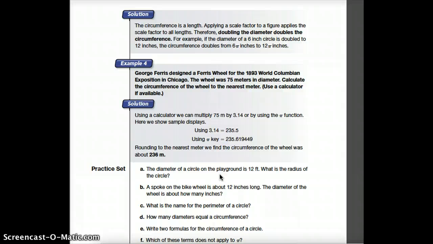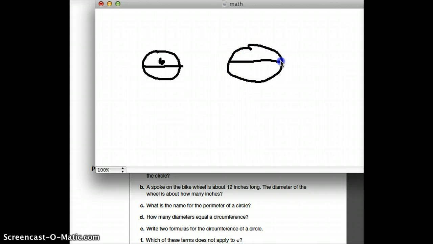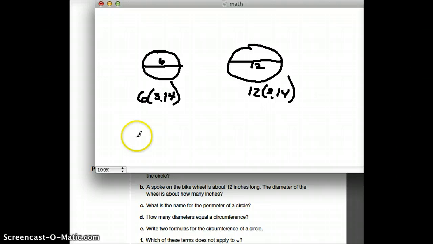They use 6 and 12, so let's use that. One circle has a diameter of 6, and the other we double, so it's 12. So you have 6 times 3.14 and then 12 times 3.14. Go ahead and multiply those.